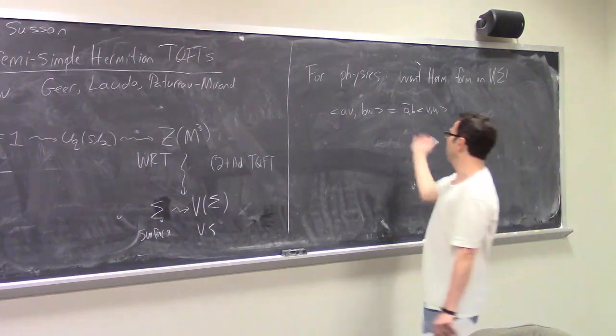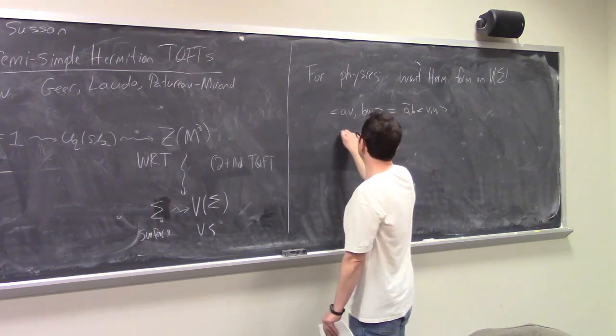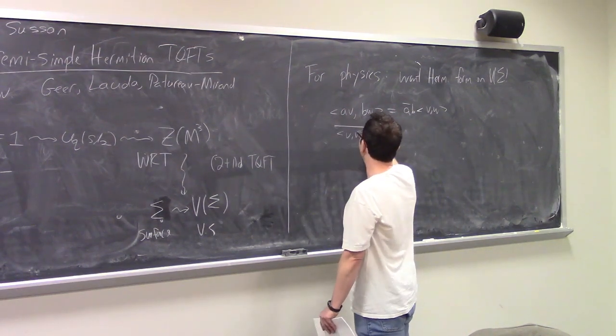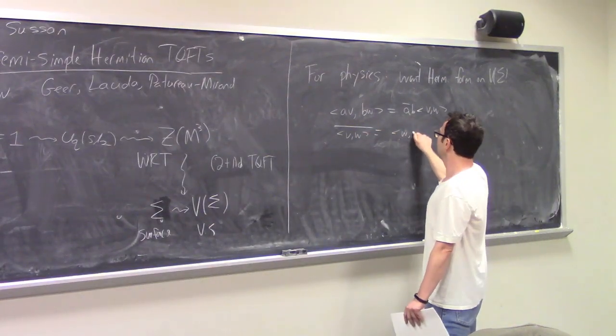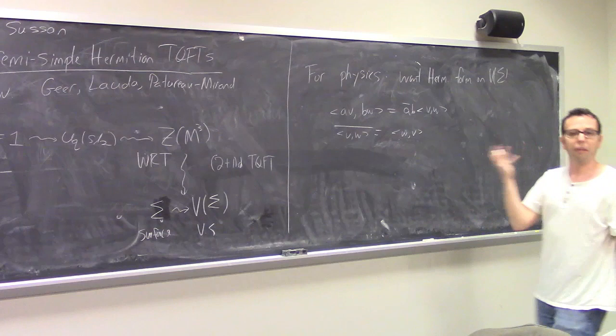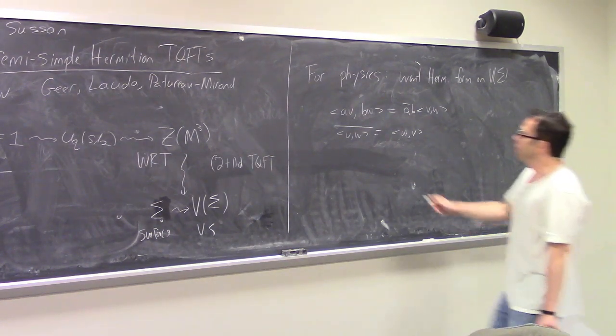So it's antilinear in the first component, and Hermitian just means that if you take the complex conjugate, then you just flip. So it's not quite symmetric, it's symmetric with this conjugation. That's a Hermitian form.